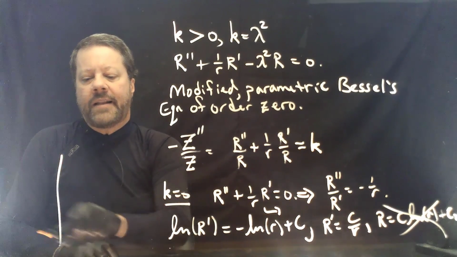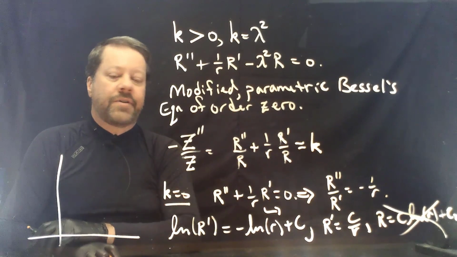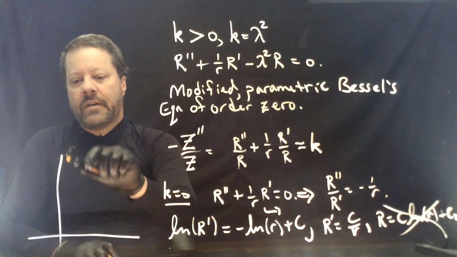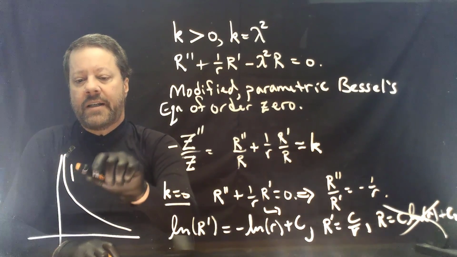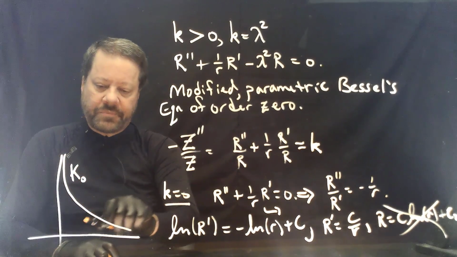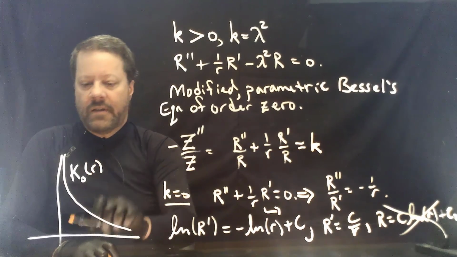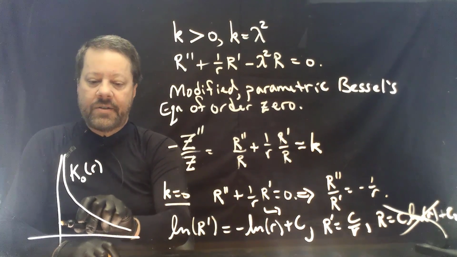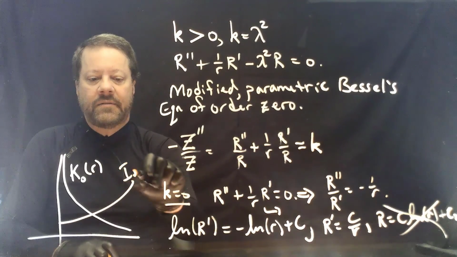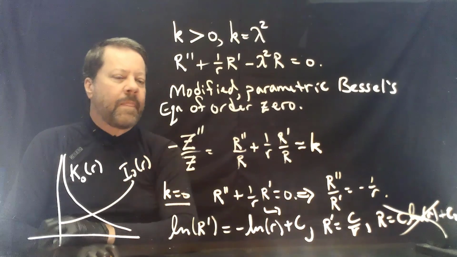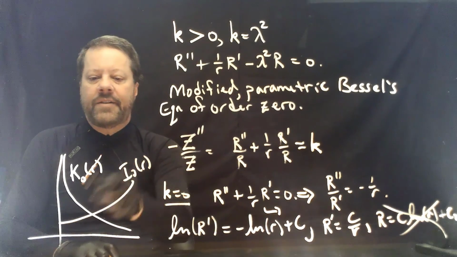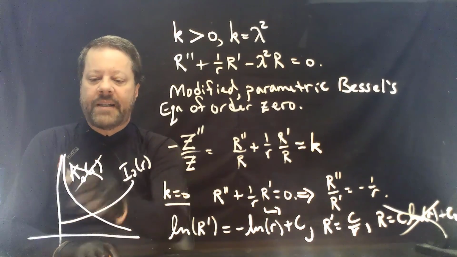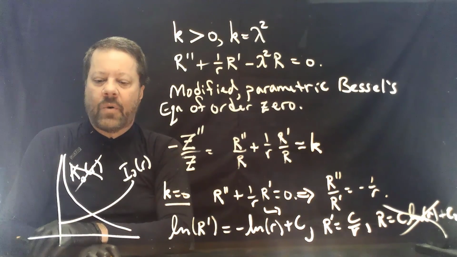And it turns out that the modified Bessel's equation of order 0 has two solutions, one of which is going to be called K0, and the other one is going to be called I0. K0 is thrown out on physical grounds because of the singularity at the origin.